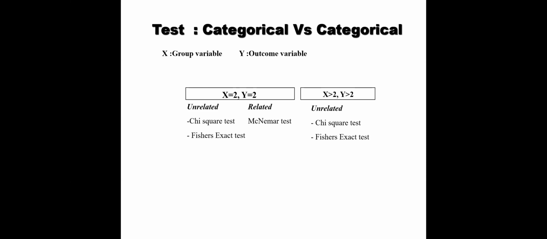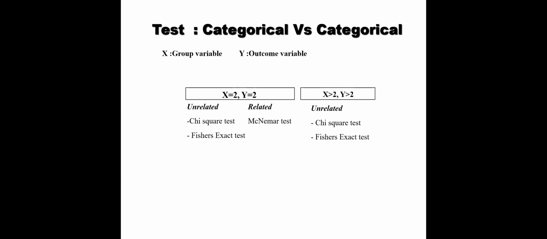But if there are more categories of the outcome, like the stage of the disease, stage of cancer, and we want to assess whether mortality occurs or not according to the stage of the cancer, then it is unrelated data, but there are more categories of stages.